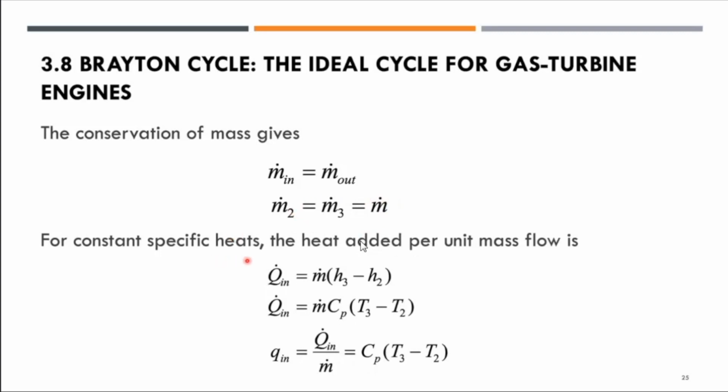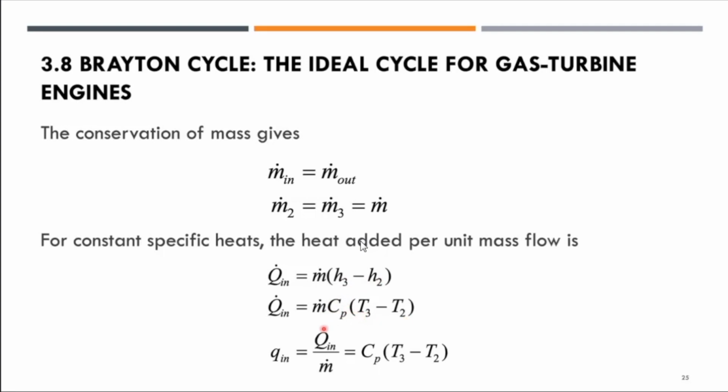For constant specific heat, the heat added per unit mass flow, the Q in to the system, is the same as the mass flow rate times the enthalpy at 3 minus enthalpy at 2. Okay, so you can convert the enthalpy into the specific heat capacity Cp times T, right?